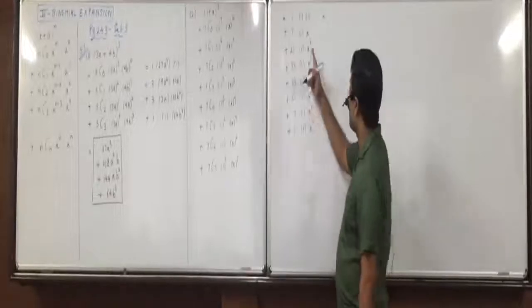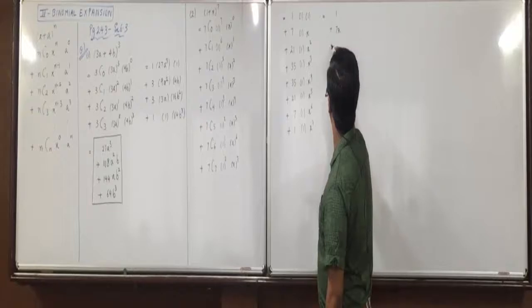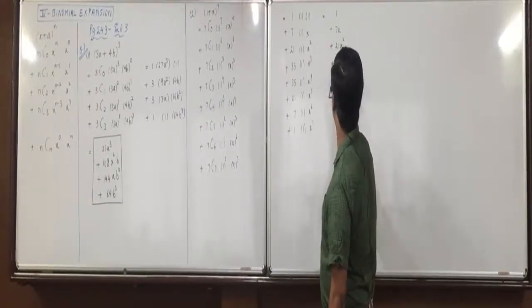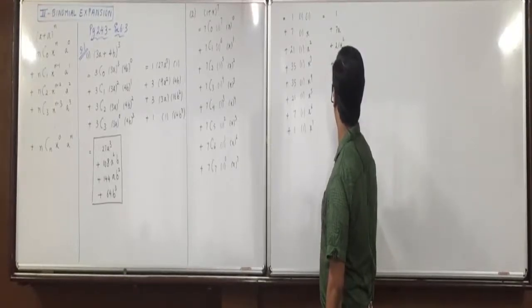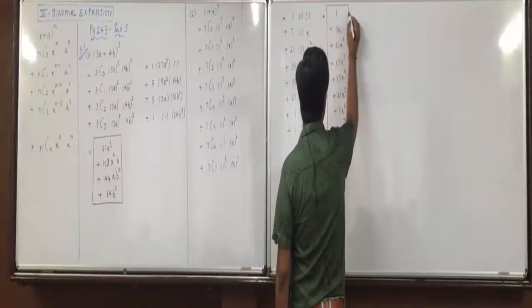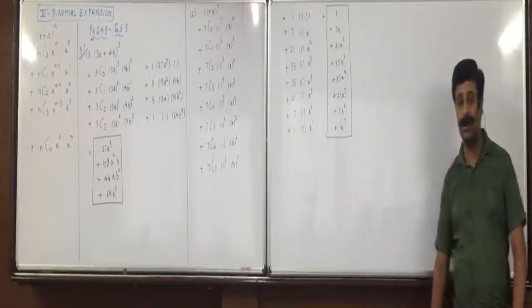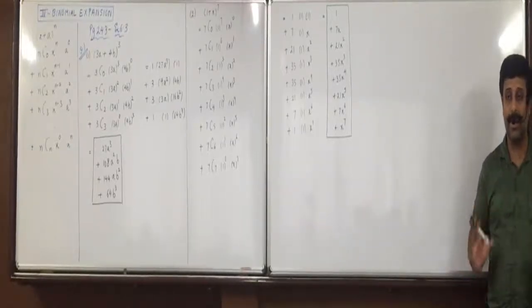All are clear with it? 1 as it is, plus 7x, plus 21x square, plus 35x cube, plus 35x raised to 4, plus 21x raised to 5, plus 7x raised to 6, plus x raised to 7. This is the final answer. Did everyone understand this? Anyone having any doubt?